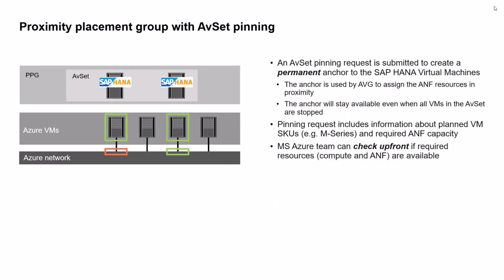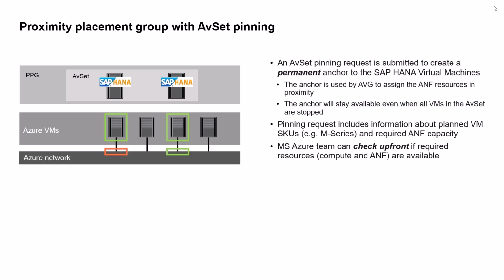There are a couple of prerequisites and preparations that need to be done before using AVG. AVG for SAP HANA is leveraging Azure Proximity Placement Group functionality to ensure that the ANF volumes are placed close to the HANA VM to provide lowest latency.